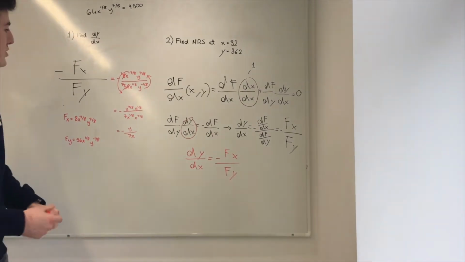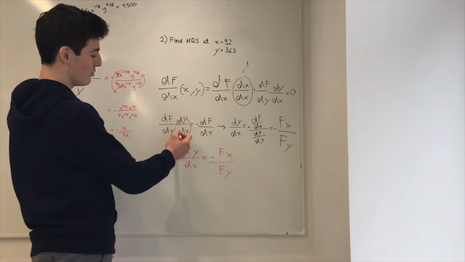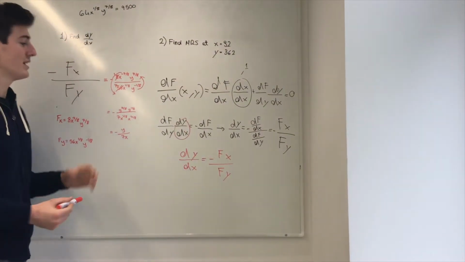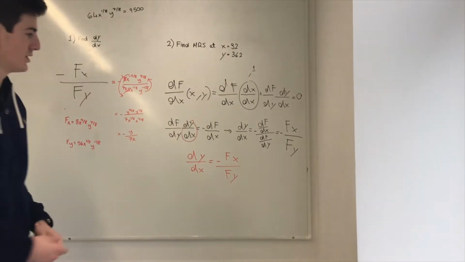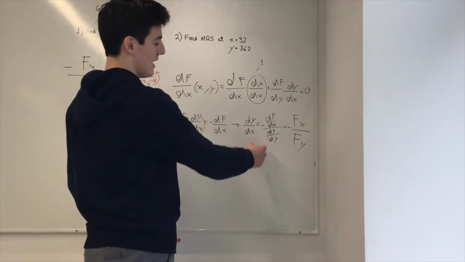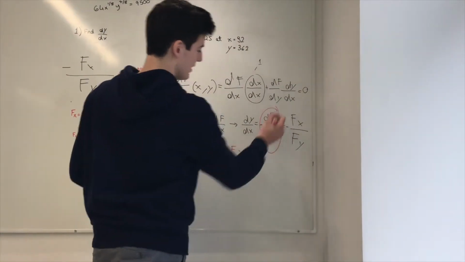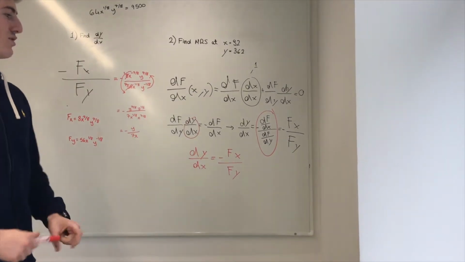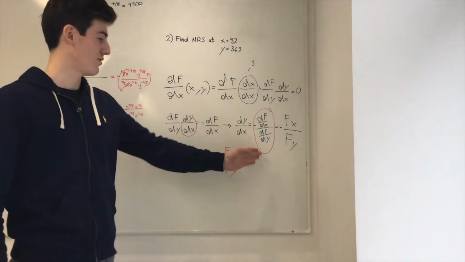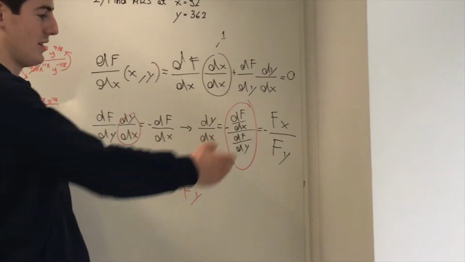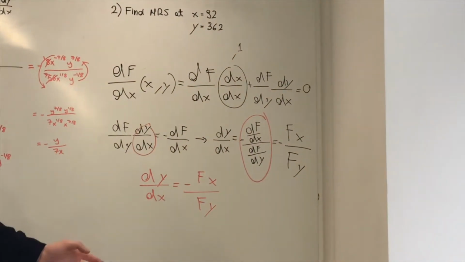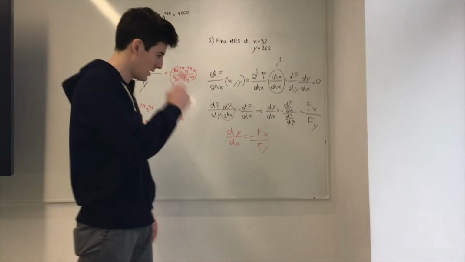And then, because we only need this dy over dx, we will divide this part of the equation by df over dy. So it's going to be like this. And this here, minus df over dx divided by df over dy, equals this, because it's df in terms of dx. So yes, this is how we get this formula.